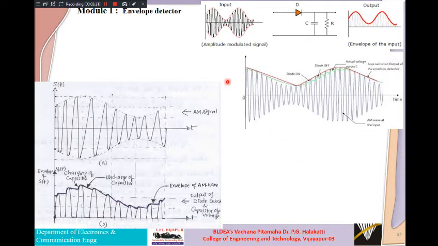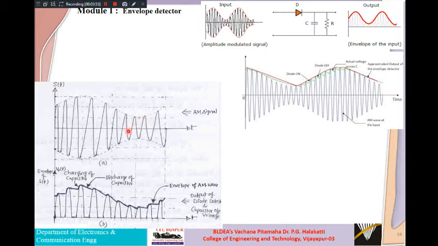Some diagrams are there here, so I will use a simplified diagram to understand the operation of this envelope detector. As the name itself indicates, we need to identify the envelope. The input you are giving is S of T, the AM signal, amplitude modulated signal, which is carrying high frequency pulses enveloped by the message signal.